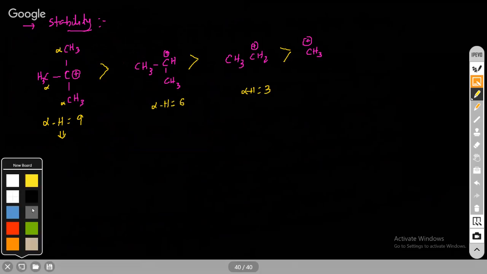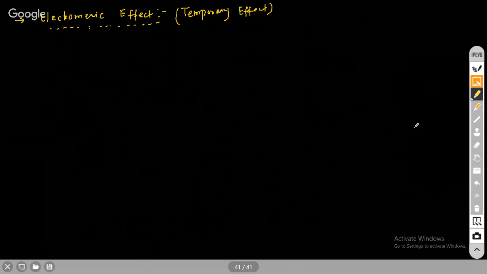The last part we'll discuss now, and that is the electromeric effect. The electromeric effect is only a temporary effect.